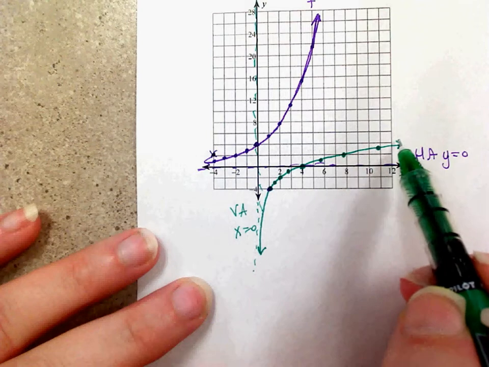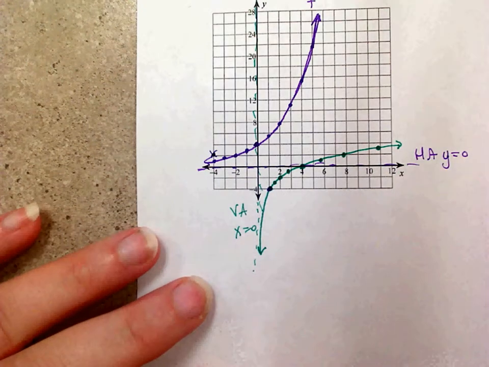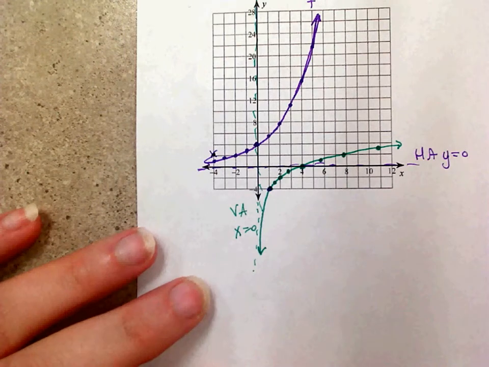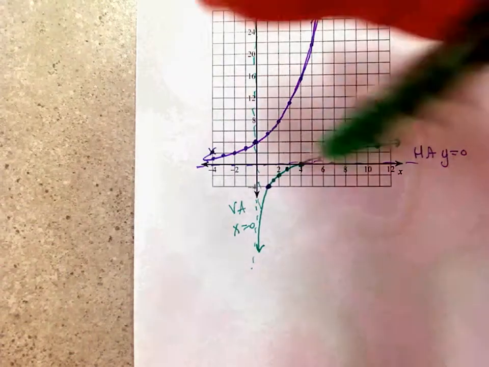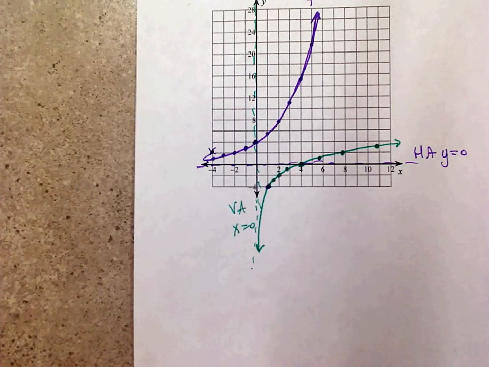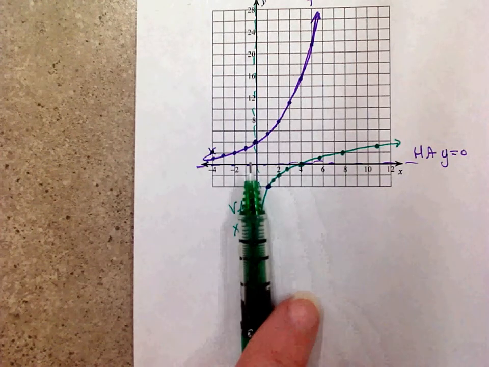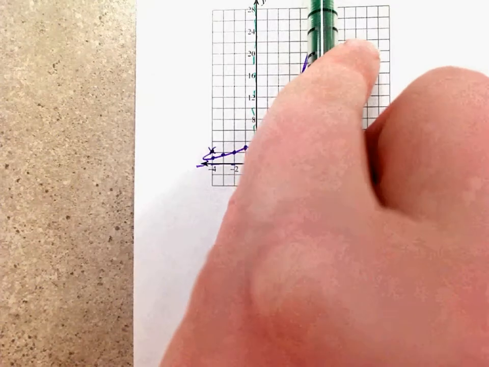Okay, so does this fit with my domain being from 0 to infinity and my range being all real numbers? Does that fit? Domain? What's the farthest to the left it goes? 0. Which is why we said for the inverse domain is 0 to infinity. And then range would be from -infinity to up.